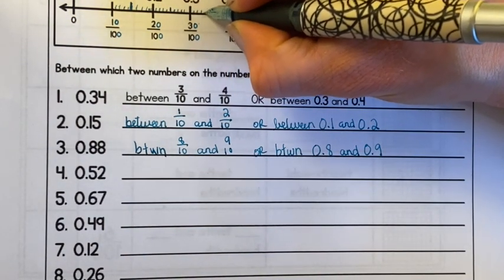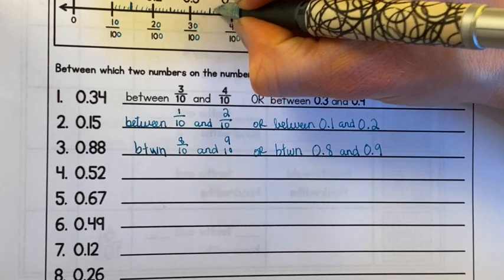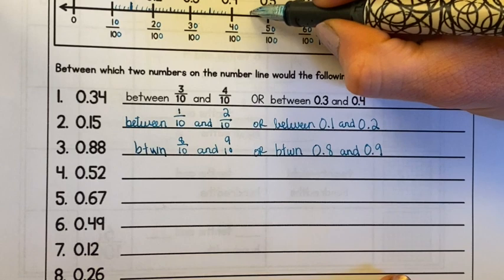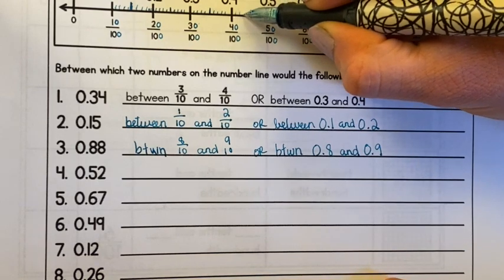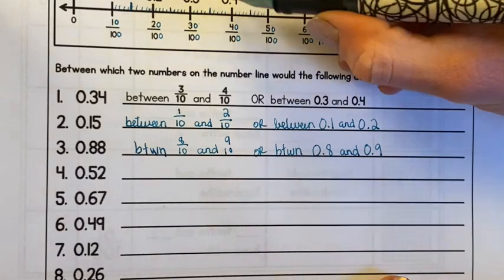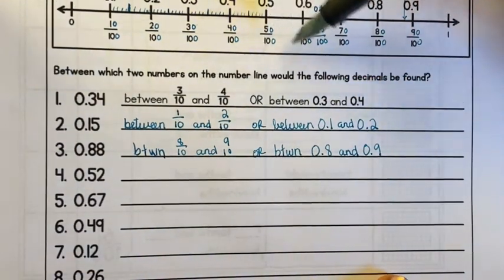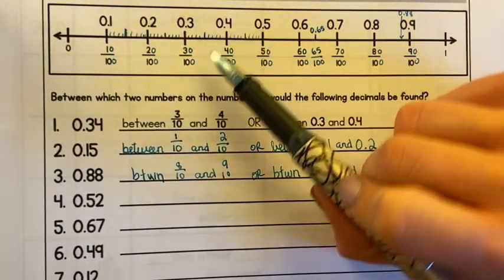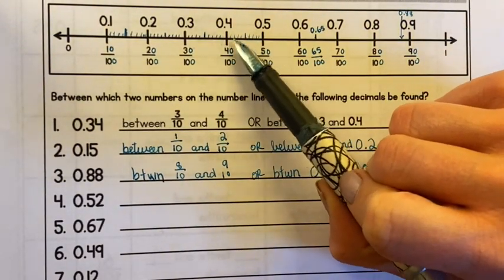Again, 1, 2, 3, 4, 5, 6, 7, 8, 9, 10. So in between here are little tiny ticks. I really hope you could see that because I noticed it was pretty high up. So we're placing these numbers.